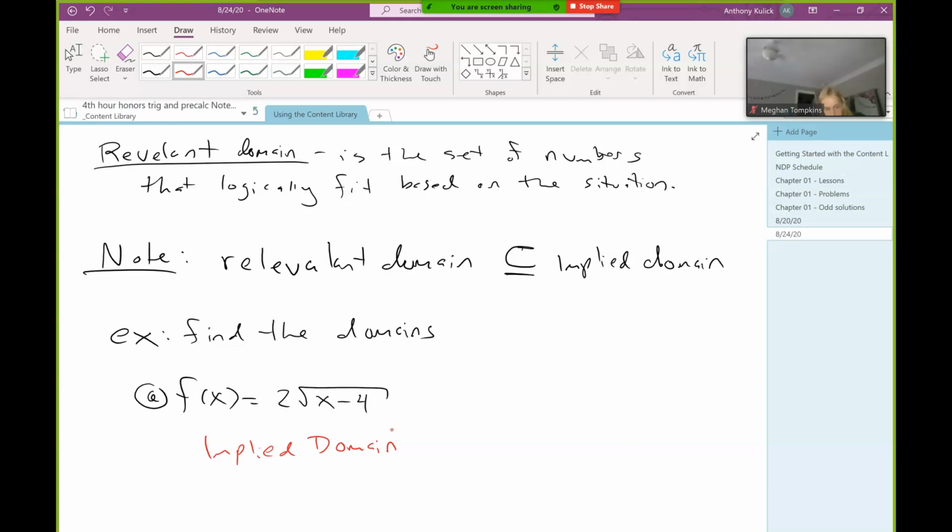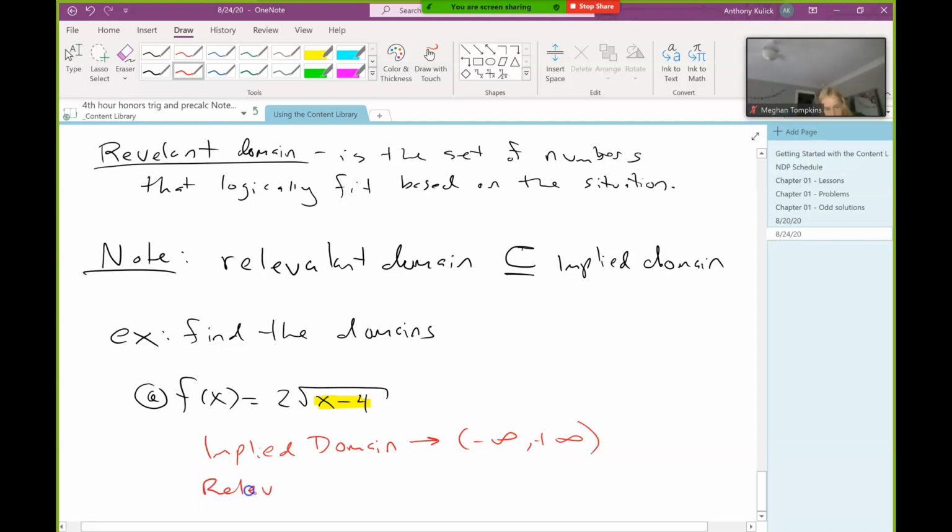What's the problem? Yeah, it's possible, depending on what value of x you pick, that you might be square rooting a negative. Everybody agree with that? And that's a problem because that doesn't result in a real number. So our implied domain is all real numbers.